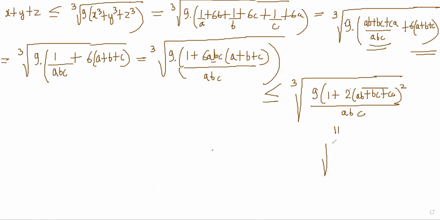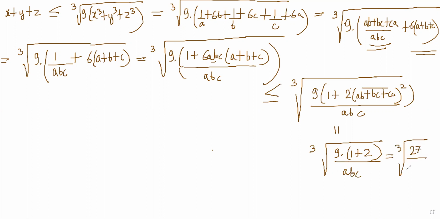This is equal to cube root of 9 into (1 plus 2), that's it, divided by ABC. So that is equal to cube root of 27 by ABC, right? And that is equal to 3 by ABC to the power 1 by 3.